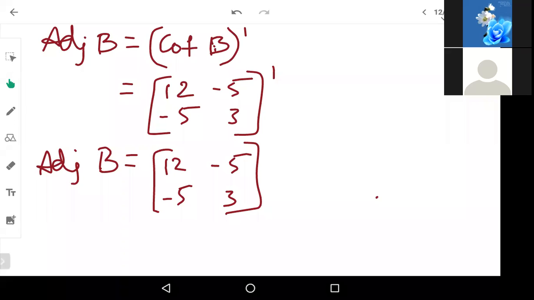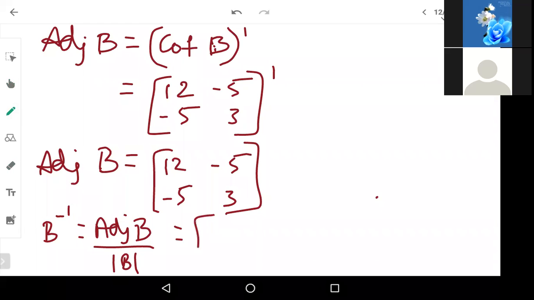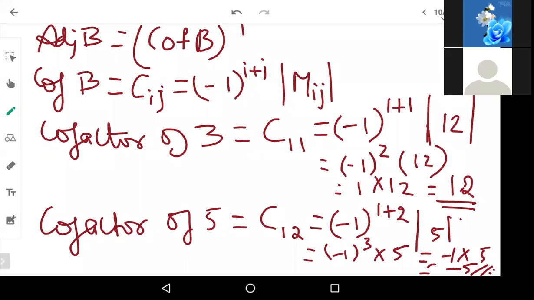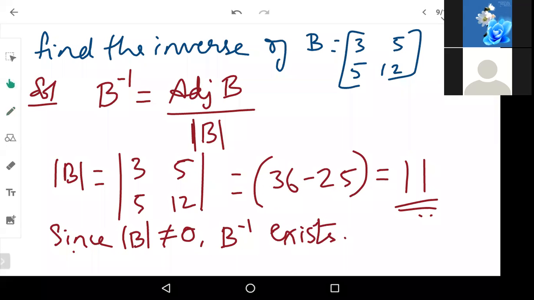Okay. So next we have to find B inverse, that is nothing but adjoint B divided by determinant of B. So adjoint B is 12, -5, -5, 3. Determinant of B, what is the value that we got? Determinant of B is 11.